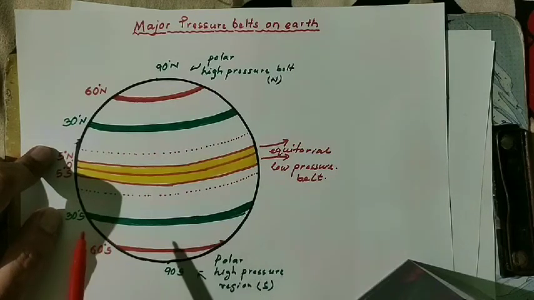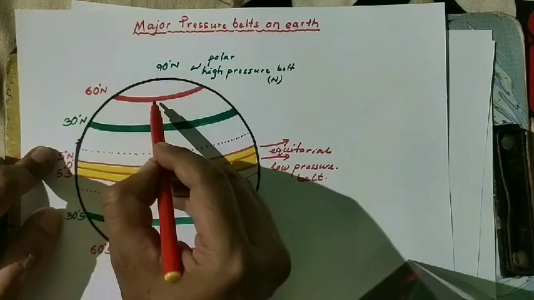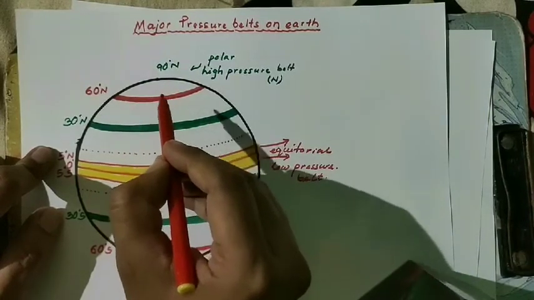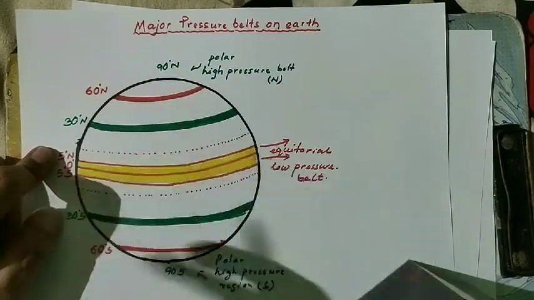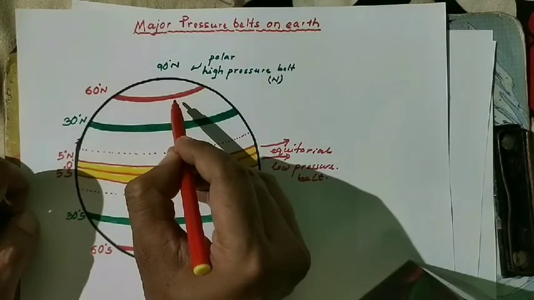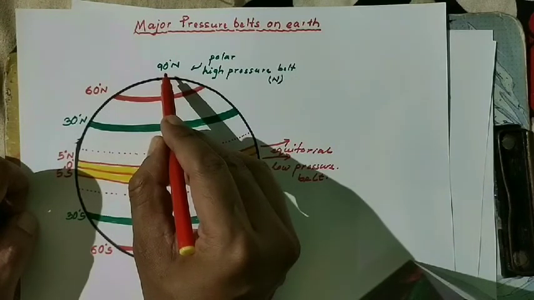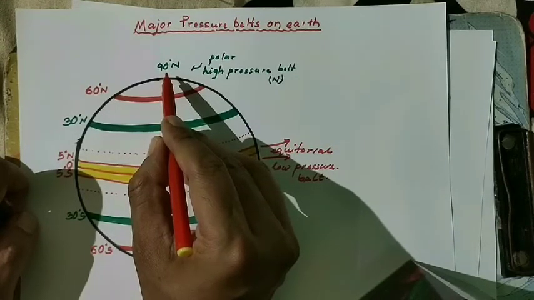Now my question is: if this is the 90 degree latitude area and this is the 60 degree latitude area, which area has the higher temperature? Surely the 60 degree latitude area has a higher temperature as compared to the 90 degree latitude area.